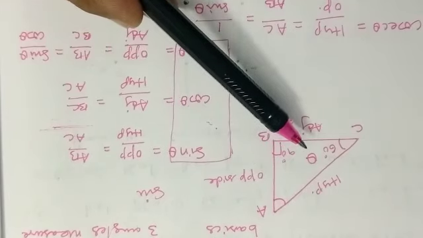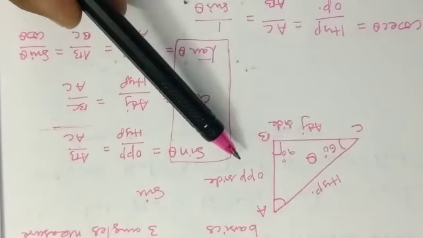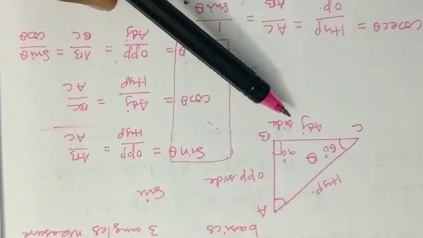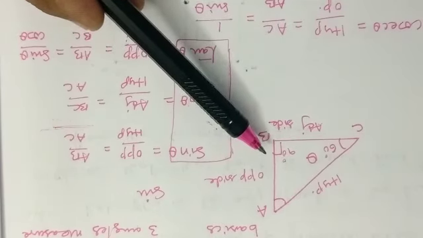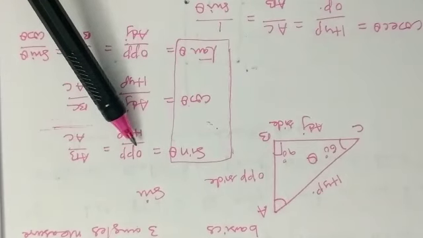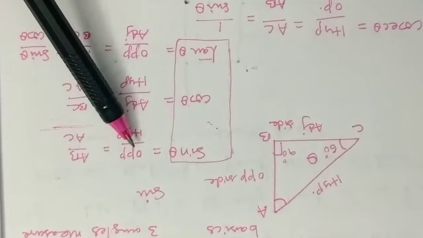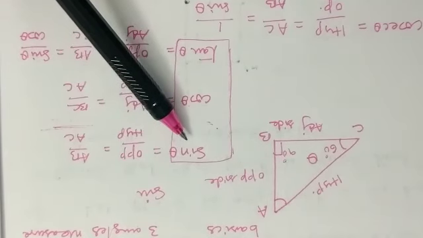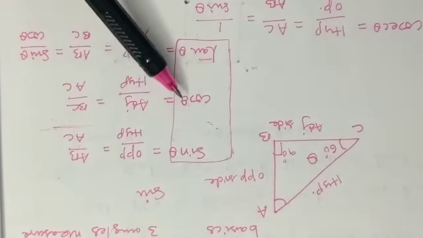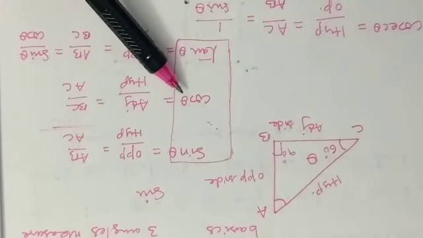Without theta, how can you judge this is the opposite side and this is the adjacent side? So theta decides the opposite side. Without theta, you cannot judge the opposite side. So without theta, there is no meaning to sin. Similarly for the rest of the ratios. Without theta, there is no meaning to cos.